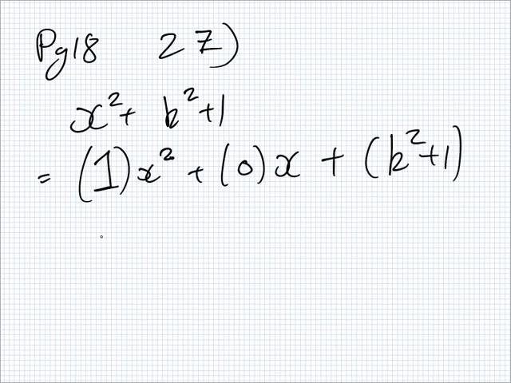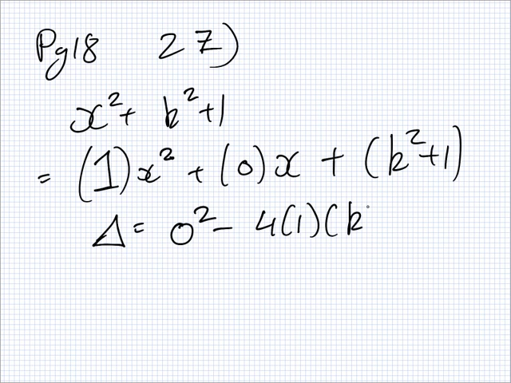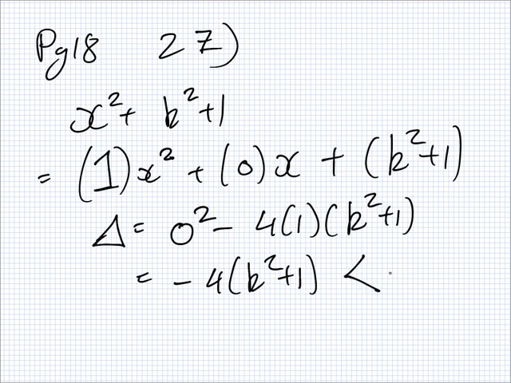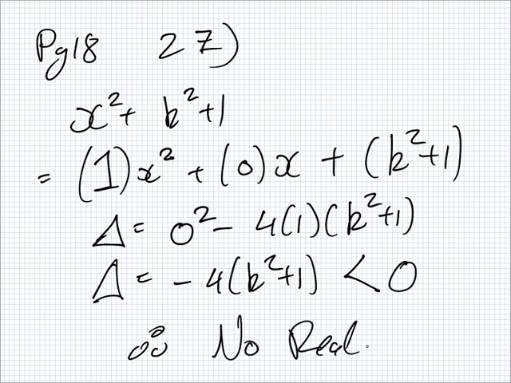So the discriminant is b squared minus 4ac, which is minus 4 times (k squared plus 1), which is always negative. So therefore, no real roots.